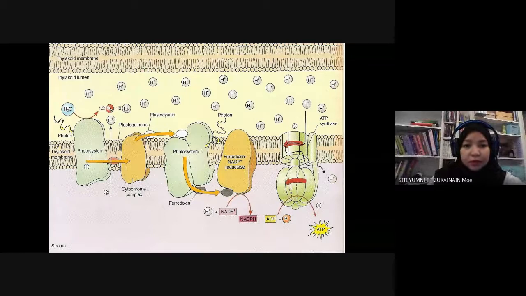So 2 hydrogen ions will enter through the electron transport chain, and in the reduction of NADP plus into NADPH, another 2 hydrogen ions. So the higher concentration gradient in the thylakoid lumen will drive the ATP synthase to produce ATP.